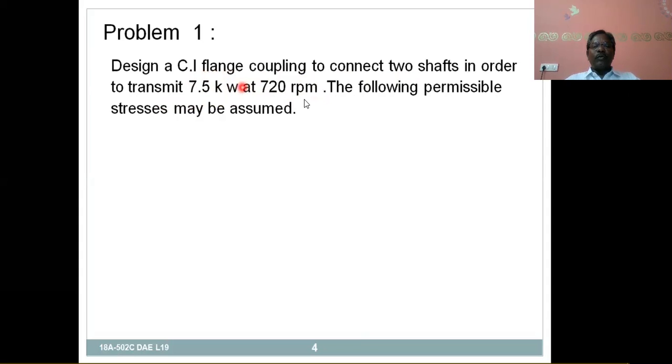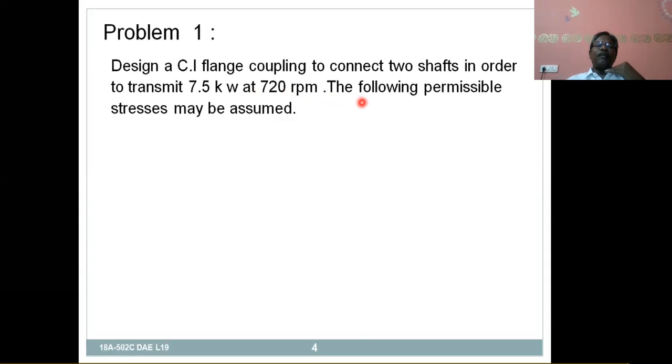The power is given to you and speed is also given to you. With this data, you can calculate the diameter of the shaft. That means from the power formula, P is equal to 2 pi N T by 60. P is there, N is there, only T is not there. And torque you can calculate by using the power formula, by substituting the power value and the speed value.